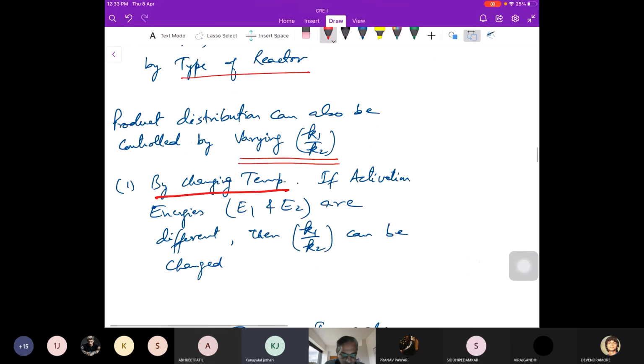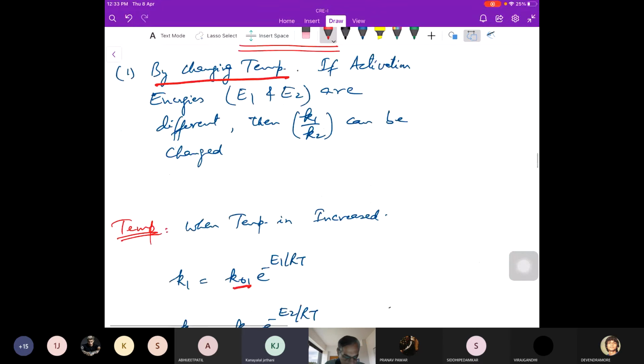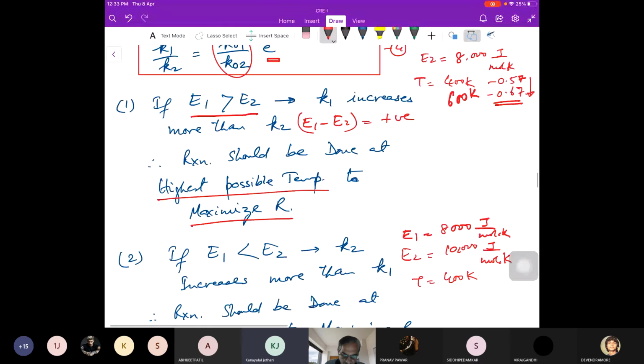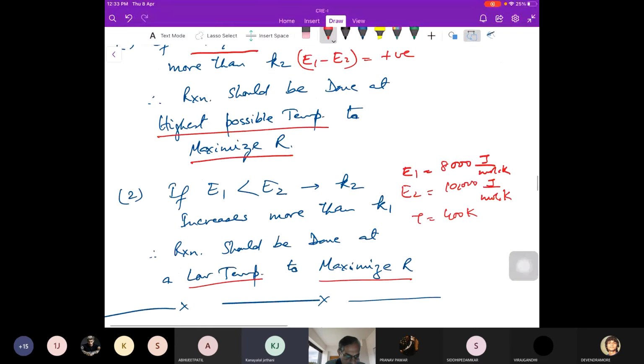ठीक है. और इसमें क्या होगा? In this case, if E1 is less than E2, K2 increases more than K1. So in this case, what you have is E1 minus E2 is negative.